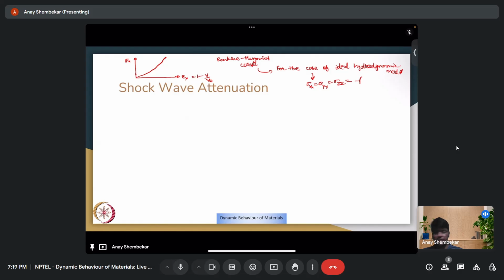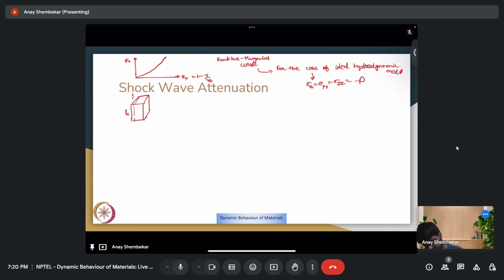Suppose the shock wave is moving along the x-axis. In the real case, suppose a volume which looks like this, after passage of the shock wave, will be compressed to a shape like this.